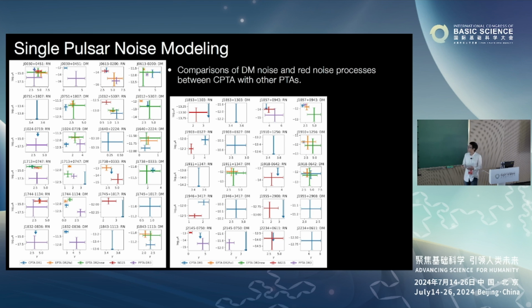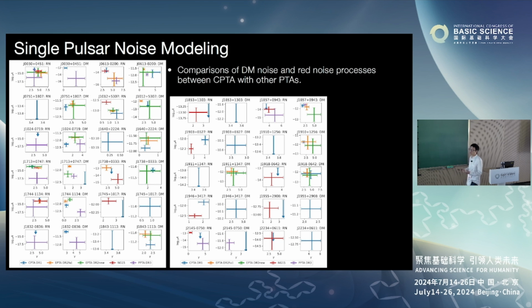And we also do some comparison work between CPTA and other PTAs. We compared the noise parameters in the noise modeling with other PTAs. For all these pulsars, basically the noise parameters are just consistent between different PTAs, although there may be some slightly larger differences. That may be because we only plot the error bars, but actually there should be some 2D contours.